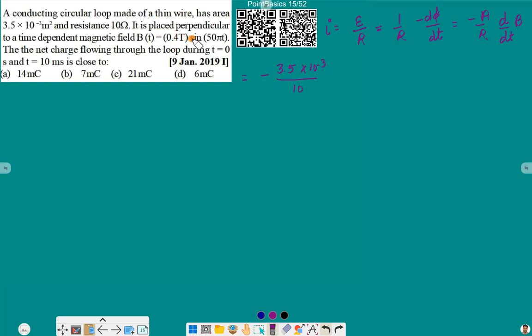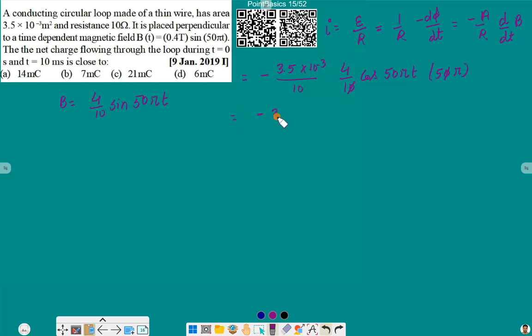We have a derivative of the field, so B is 4 by 10 sine of 50 pi t. Its derivative will be 4 by 10, sine's derivative cos 50 pi t, into the derivative of 50 pi t, that will be 50 pi. So this 50 gets cancelled here, 5 into 4 is 20 pi.